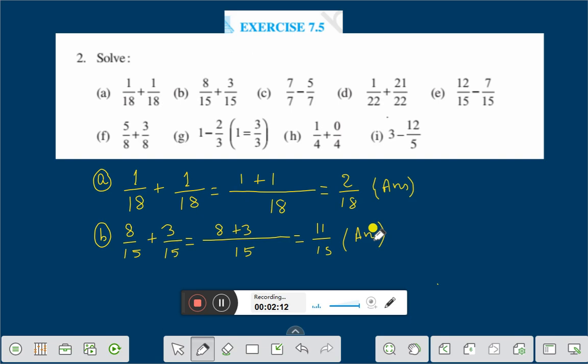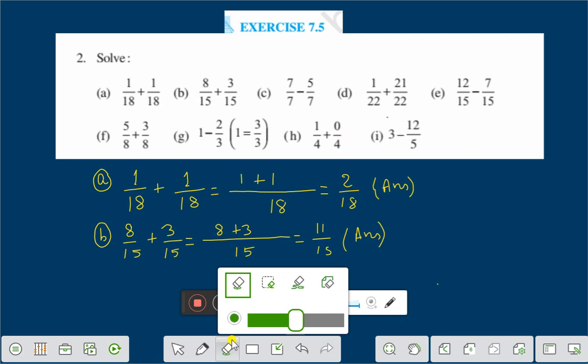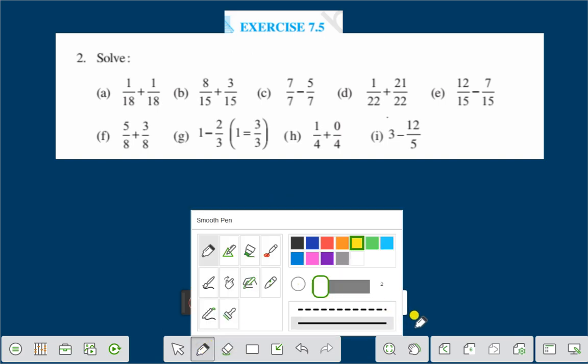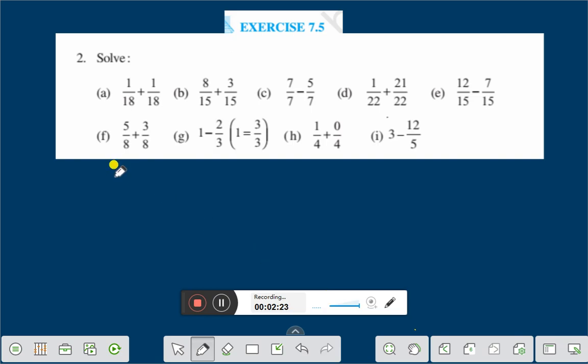Now question number C. Question number C is 7 by 7 minus 5 by 7.